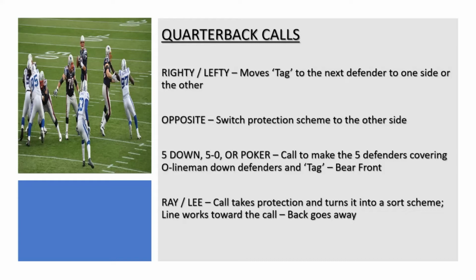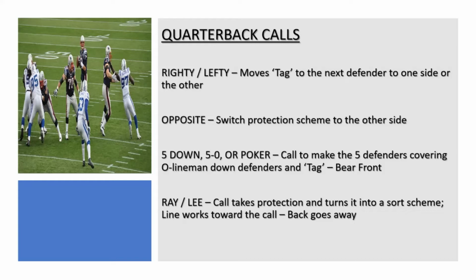So we put the back in a dual read, because he's searching one outside linebacker to the other outside linebacker. And we put the line in a dual read because now they were going to sort to the Mike and the direction side outside linebacker. So we had both the back and the line dual reading, which allows you to pick up just about everything except all out.